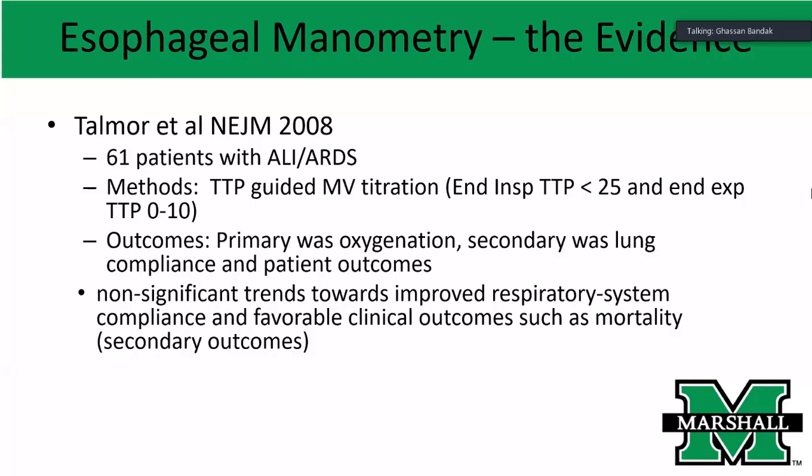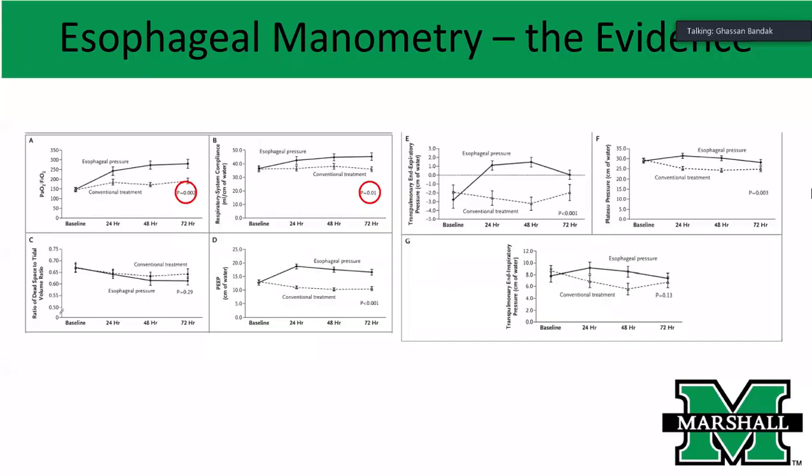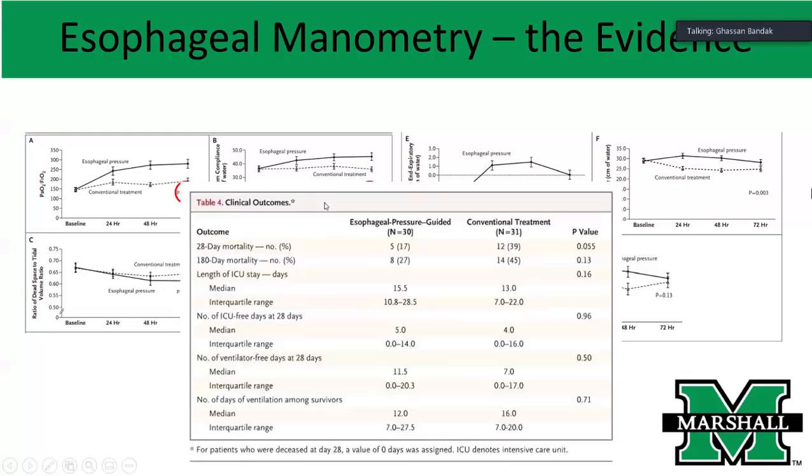So they did this study in 2008, and what they did is they only enrolled 61 patients because the trial was stopped early because they achieved their goal. The primary goal was oxygenation and not mortality, okay? And what they showed is that using esophageal guidance, you will get better oxygenation, you will get better compliance because you're recruiting more lung, okay? But they did not show a mortality benefit.